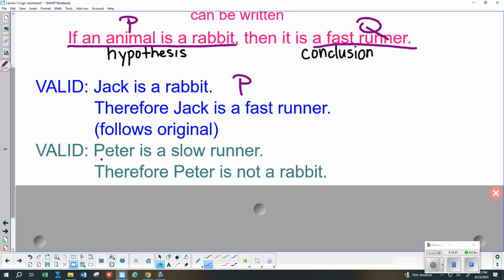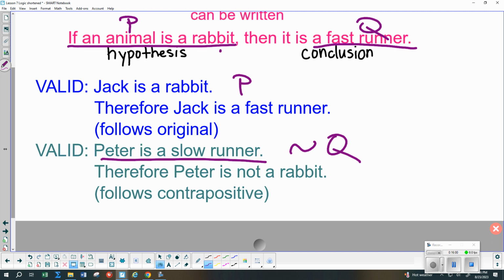Perfect. Because Peter being a slow runner is not Q. So if we've got the not from the original then, the only other valid one is the not of the original if, which was being a rabbit. So therefore, Peter's not a rabbit. So we would say valid because it follows the contrapositive. That is the not P.